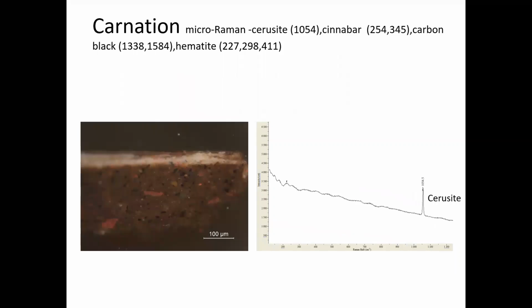For the flesh tones, we can see that cerussite, cinnabar, carbon black, and hematite were the main components. We have a double layer of cinnabar as matrix, but it has also goethite and hematite, and also cerussite, and carbon black is used also in the shadow tones, is increased in the shadow tones.